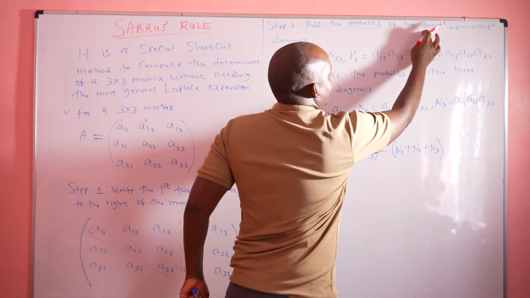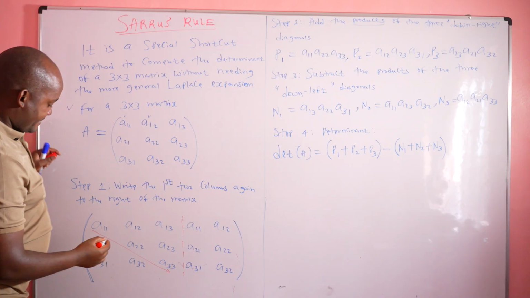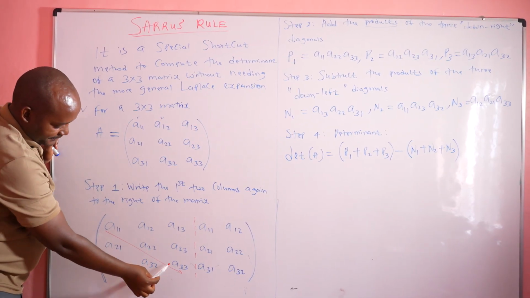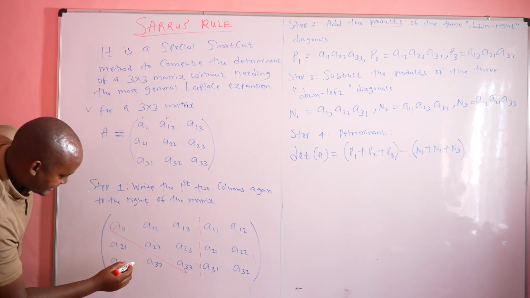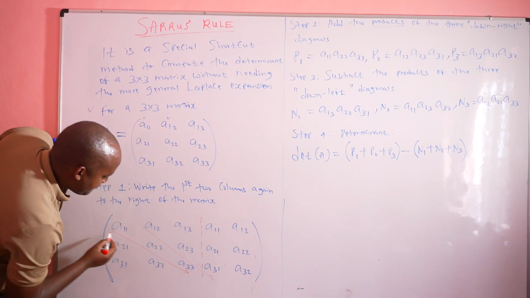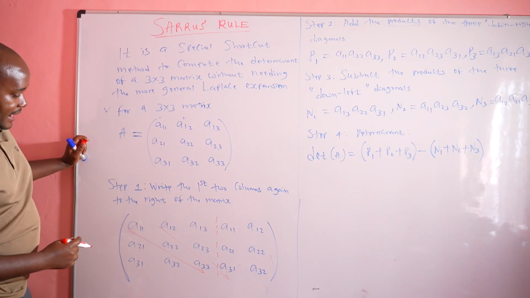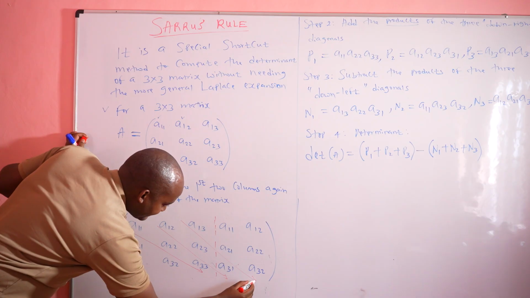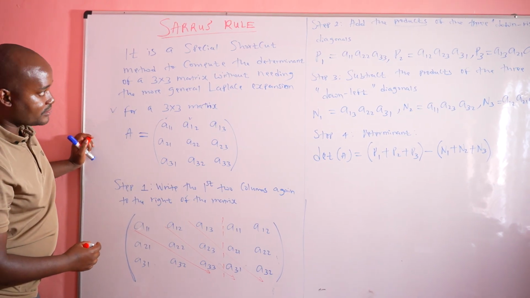This diagonal will have 3 entries, that is A11, A22, A33. The second one is this one, that is A12, A23, A31. The third one is this one, that is A13, A21, A32.